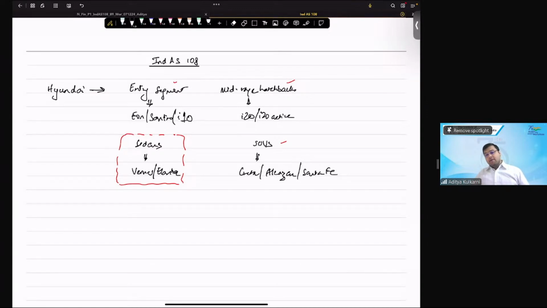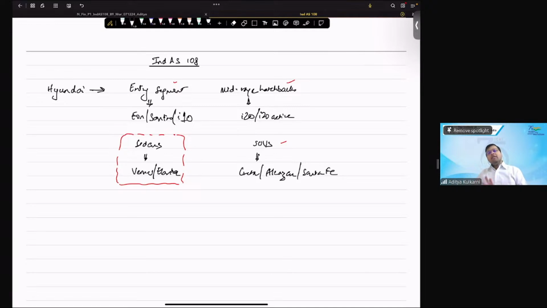But what is more important is these entry segment and mid-range hatchback customers in due course will automatically graduate to my SUVs. And therefore, it is critical for me to maintain the price point for the entry segment and mid-range hatchbacks. At the same time, considering that the premium customers go for the SUVs, I have to balance the value that I'm adding there as well.